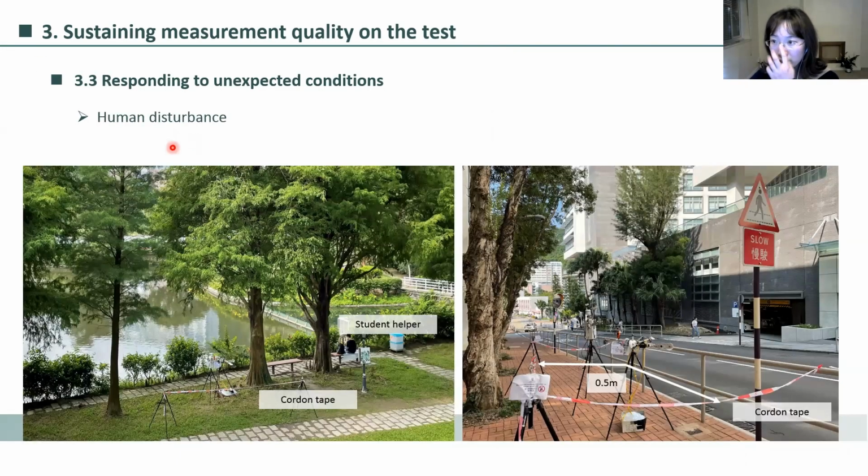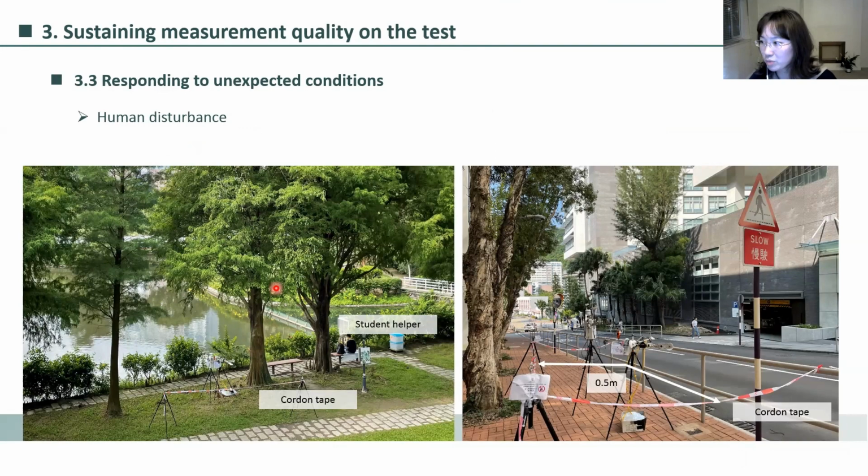The other point about the unexpected condition is human disturbance. Because the pedestrians are quite curious about the instrument, but if they stand too close to the instrument, they may block the incoming solar radiation and the wind, and cause measurement uncertainty.